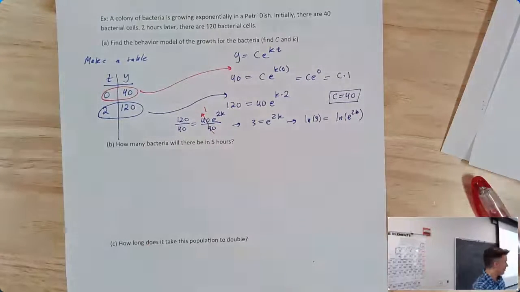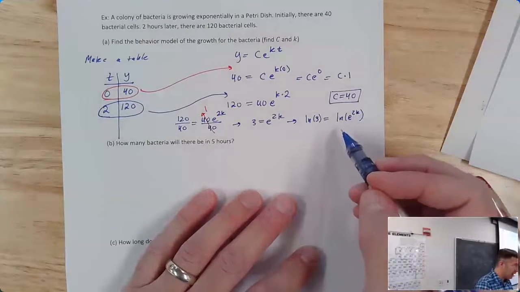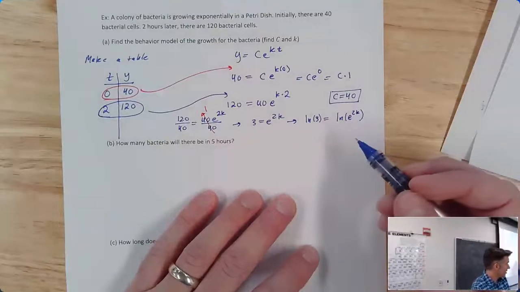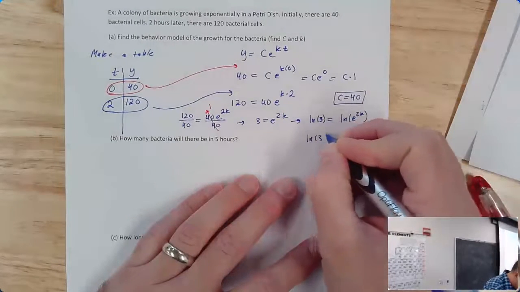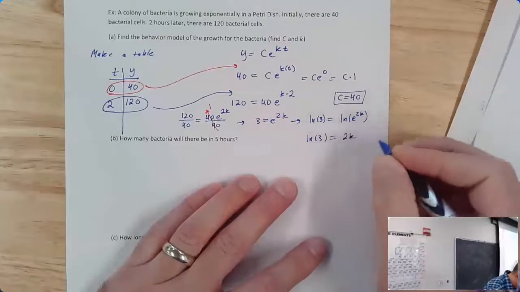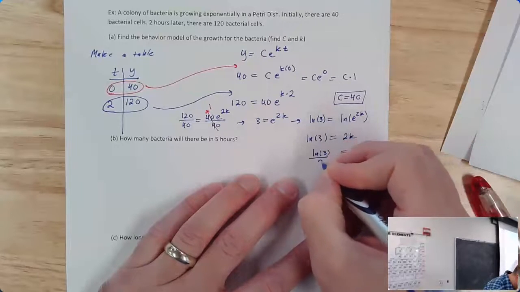Eventually, we're going to get comfortable enough with saying, oh, if you have the natural log of e to the something, it's just going to be the something. The exponent 2K comes down, and then 2K times natural log of e is 2K times 1. So we have the natural log of 3 equals 2K, or K equals the natural log of 3 divided by 2.